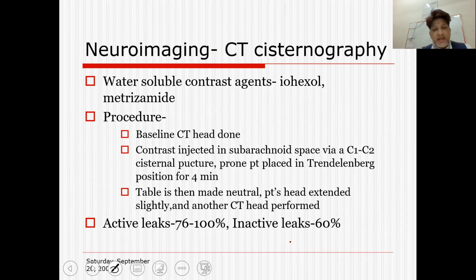So CT scan and MRI in case of a CSF leak are complementary actually. Both of them have to be done, because CT is of more value in case of bony pathologies or fractures, and MRI is of much value in case of soft tissue.